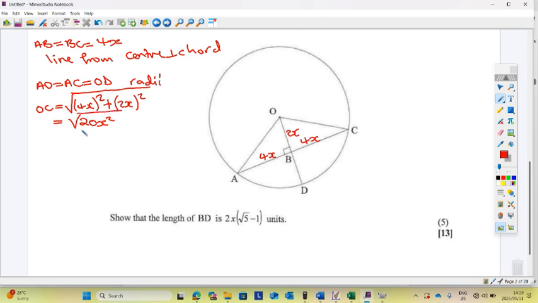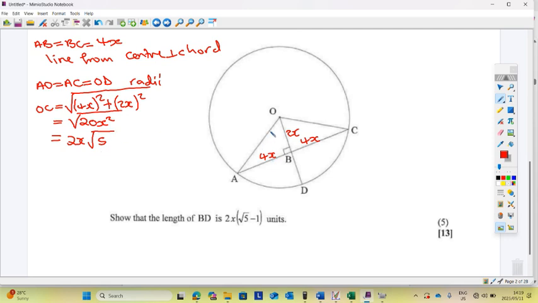Let's simplify this one. 20 is equal to 4 times 5, and the 4 will go out as a 2. 5 is left inside this. x squared also goes out because you can get the square root of x squared. So this simplifies to 2x multiplied by the square root of 5.